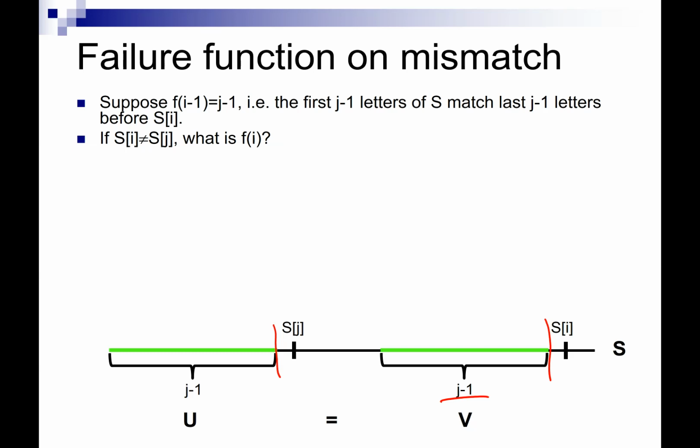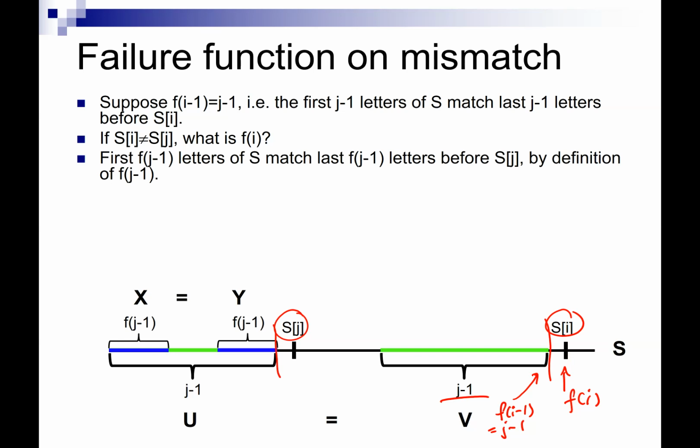Now if these two letters are not equal, then what should we set f of i to be? Because remember that here we're trying to compute f of i. We've already computed f of i minus 1, and we know that this is equal to j minus 1. And now we're trying to compute f of i.